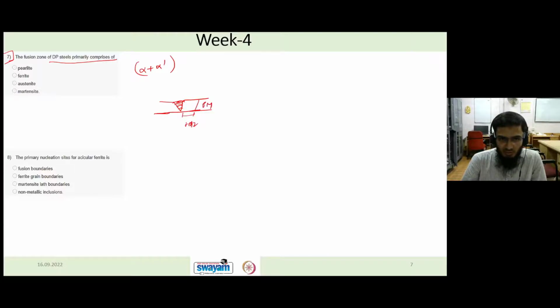So this is the fusion zone where we did the welding. What will be the primary microstructure? What will happen to these phases if you do welding? That you have to tell. In the fusion zone, the temperature goes above the melting point, so whatever microstructure you have will vanish.